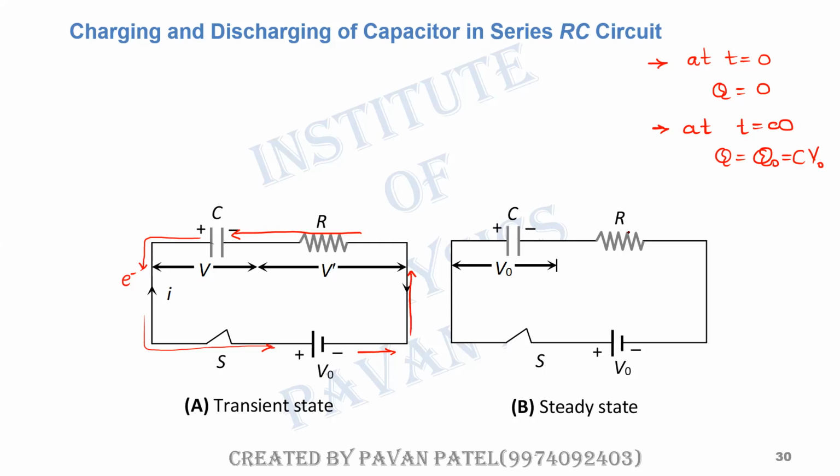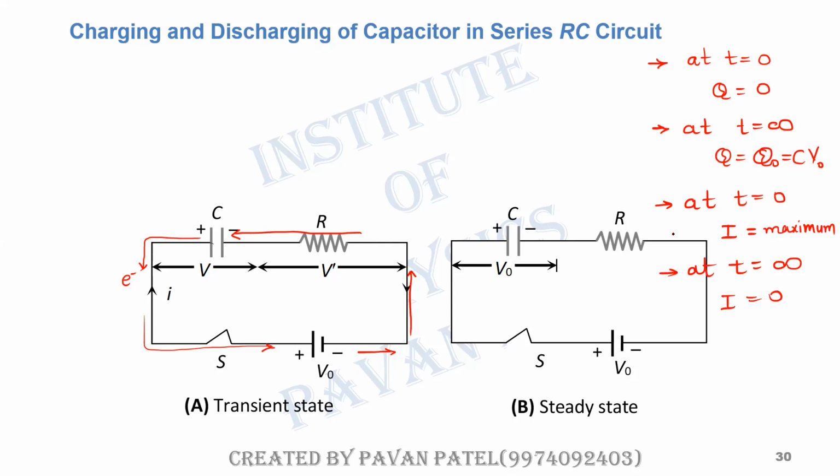Now second point, please remember this. At t equals 0 in this circuit, current I will be maximum. And when the capacitor is charged at t equals infinite time, current will be 0.